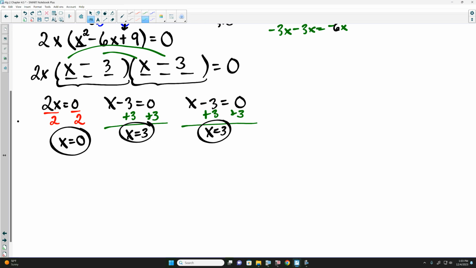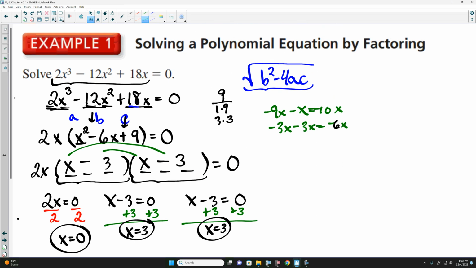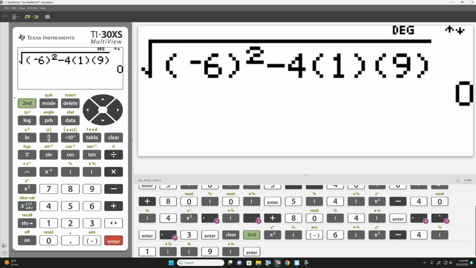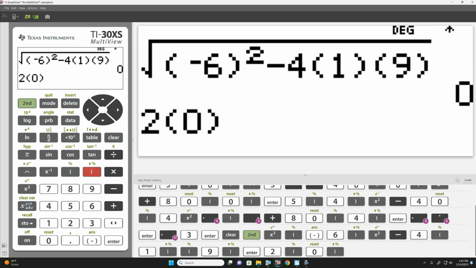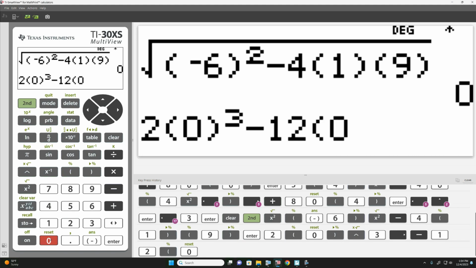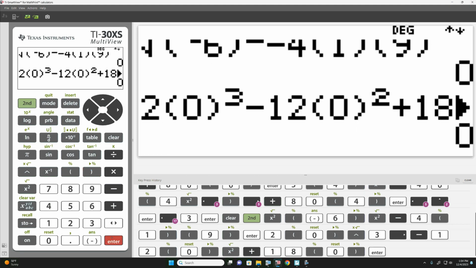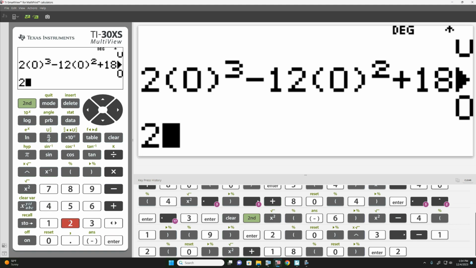Questions on this here? Now, if we wanted to check these, we could do that by just evaluating it at these 3 spots. So in the calculator, we can do 2 times 0 to the third minus, what is it, 12 times 0 squared plus 18 times 0, which does indeed give us 0.